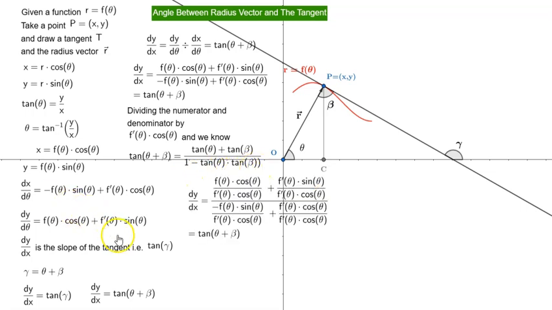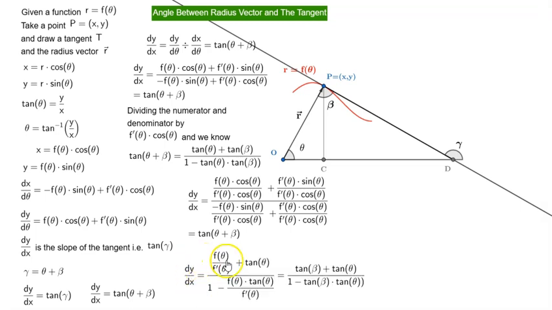So let's do the division. dy by dx is equal to f theta cos theta divided by f prime theta cos theta. Similarly for the other terms, all equal to tan of theta plus beta. Now there will be cancellations. Cos theta gets cancelled. We are left with f theta by f prime theta. Here f prime theta cancels.